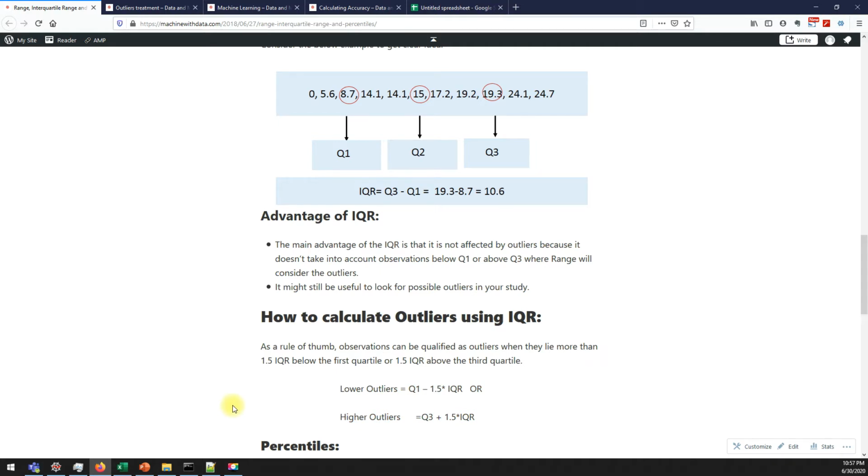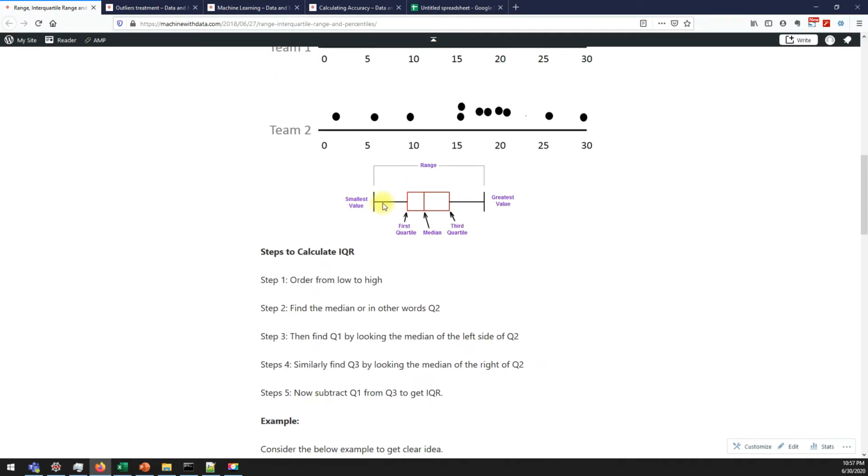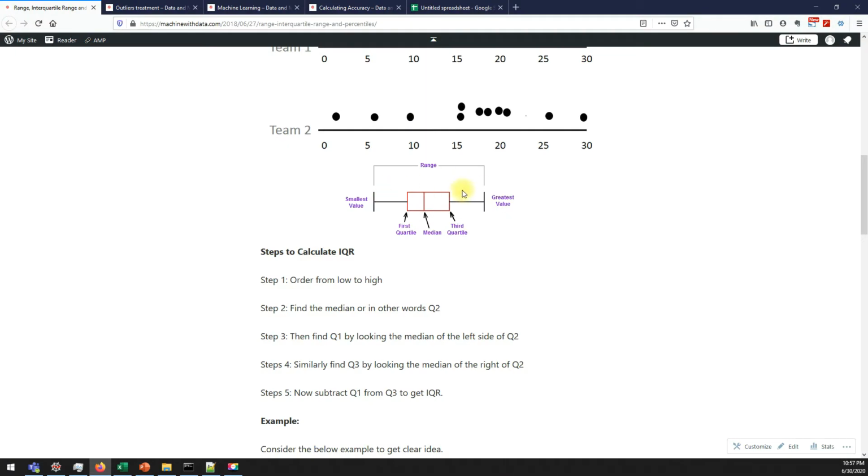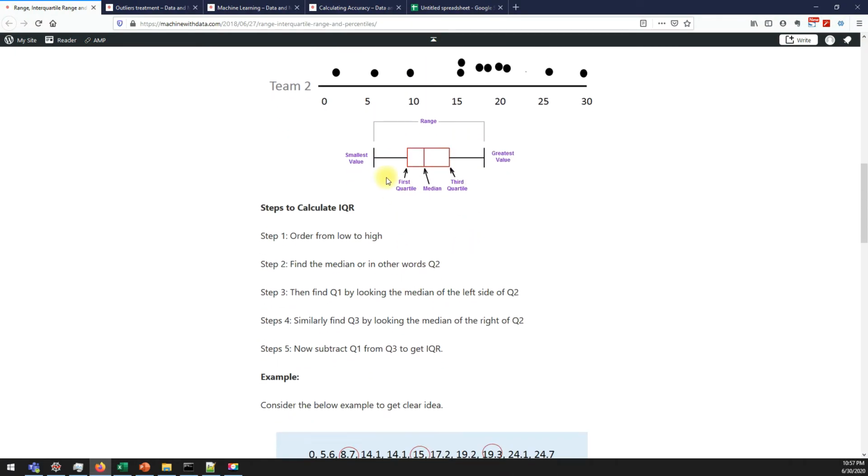Now we'll try to find out the similar thing using Python. And if you see this, maybe I'll open my slide. You will be able to correlate this screenshot with this screenshot. So this is your IQR, which is your first quartile Q1.